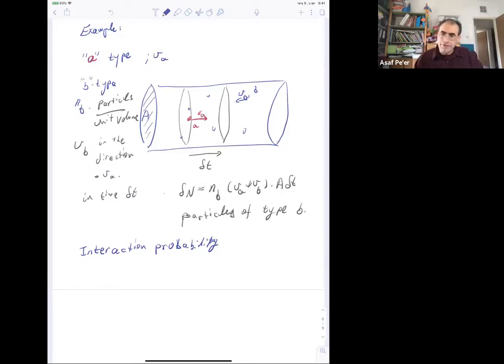There are B particles of some density NB that move in the opposite direction. And the interaction probability is the effective cross-sectional area of these delta n particles divided by the area A. So the interaction probability delta P is just delta n times sigma divided by A.